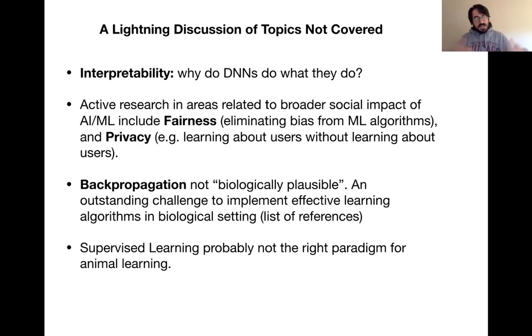In machine learning, with these heavily overparameterized models, it's not always so clear what's detected in an image, for instance. So interpretability is an issue. There's also active research in the broader social impact of AI and ML, which includes fairness, so eliminating bias from algorithms, and privacy, of course. Somehow learning about a user without actually learning about them. Yeah, and these other points, but I think I'm out of time, so I'll hand it over to Mingwei now.